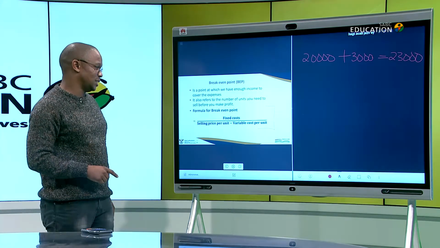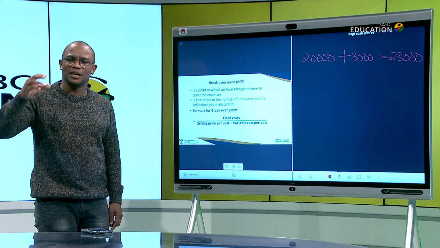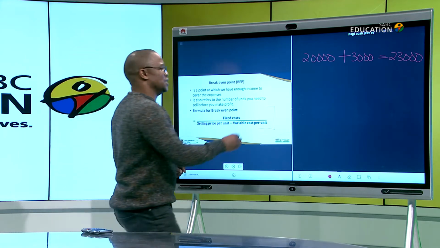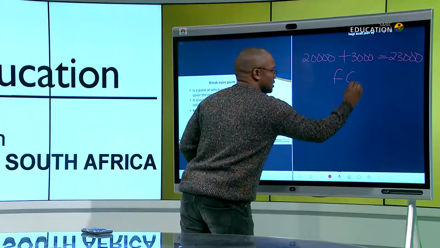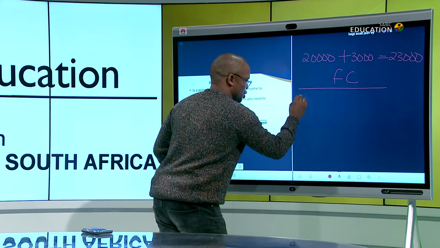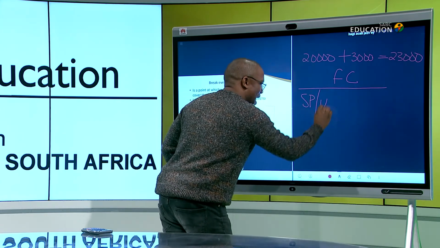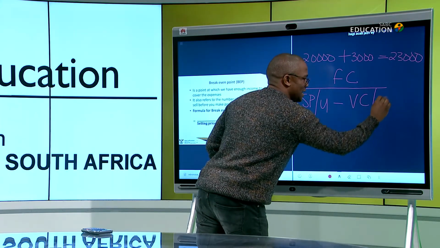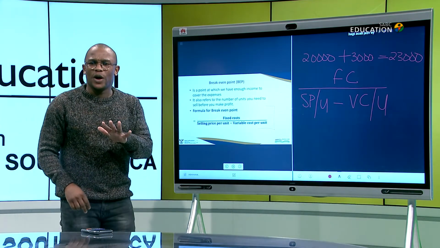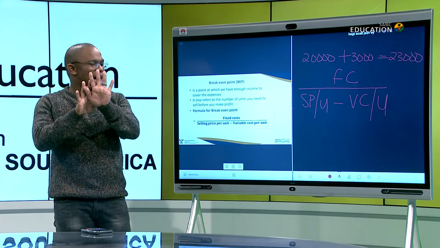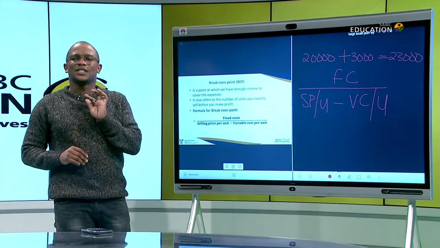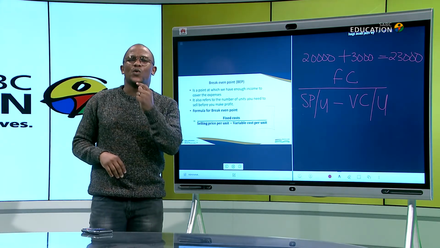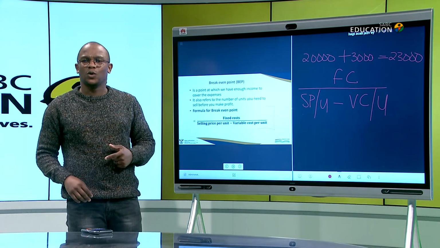Actually, the break-even point formula. Beg your pardon. The formula, it is your fixed cost divided by your selling price per unit minus your variable cost per unit. Remember when we started, we spoke about 5 costs. You must know which costs are fixed costs and which costs are variable cost.